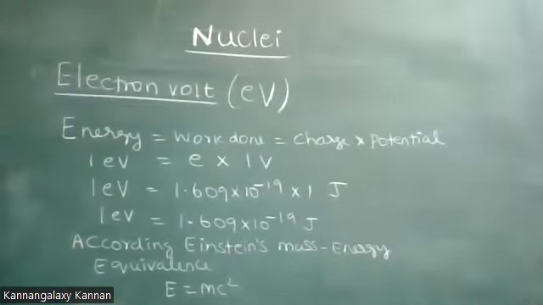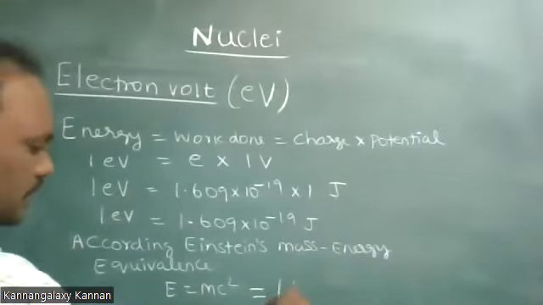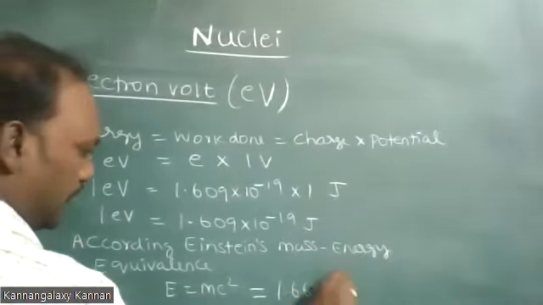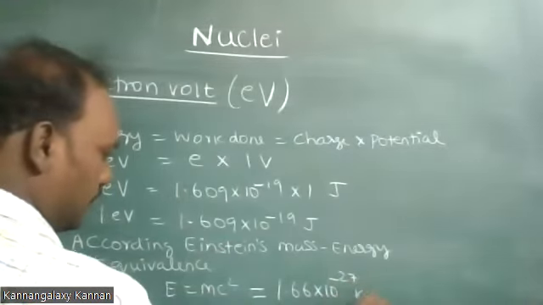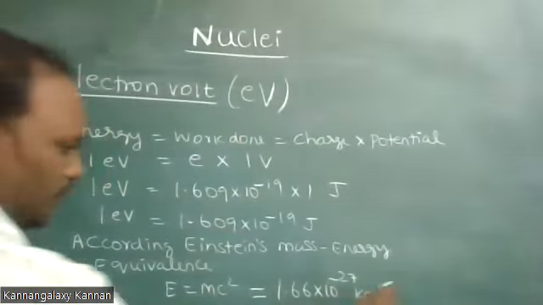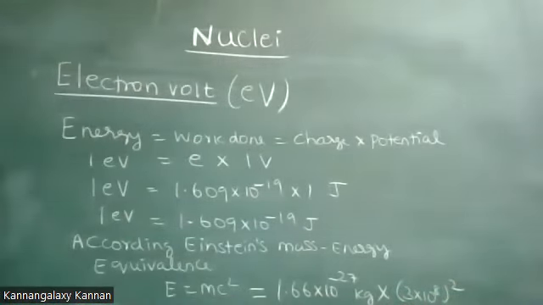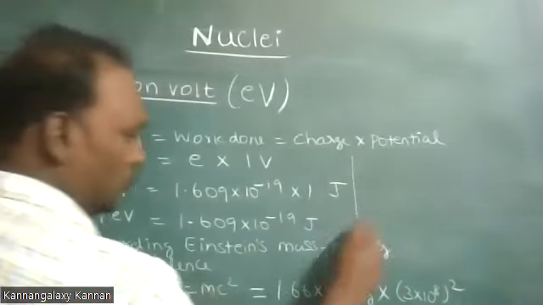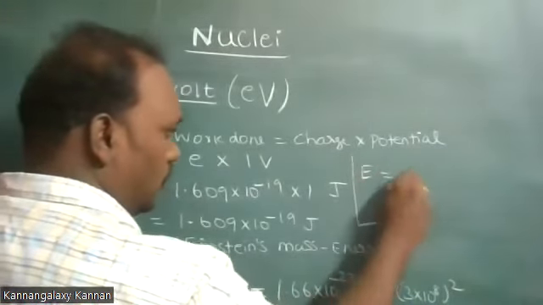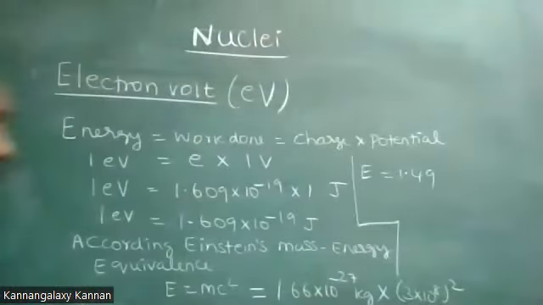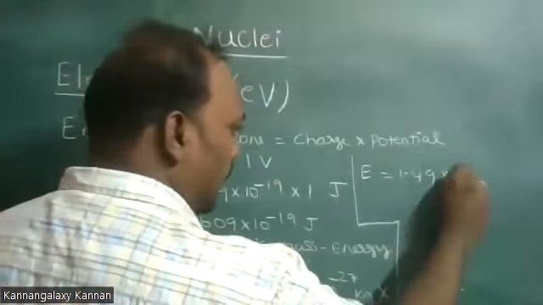So m is 1 atomic mass unit, which is 1.66 × 10^-27 kg, and c² is (3 × 10^8) squared. So when you do this, you will get E is equal to 1.49 × 10^-10 joule.